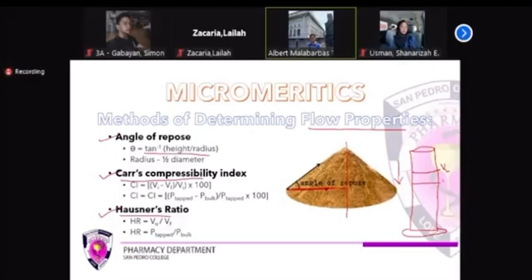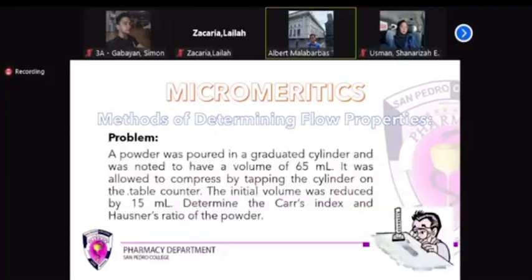The tapped volume is what we call VF, the final volume. So for Carr's and Hausner's ratio, we have VI and then VF. VI is the initial volume occupied by the powder. VF is the final volume occupied by the powder. So those are the formulas.